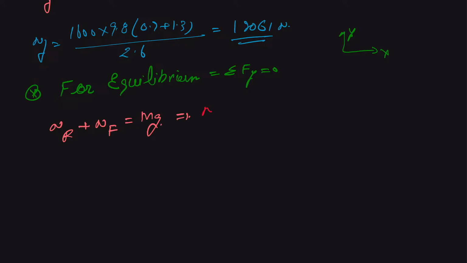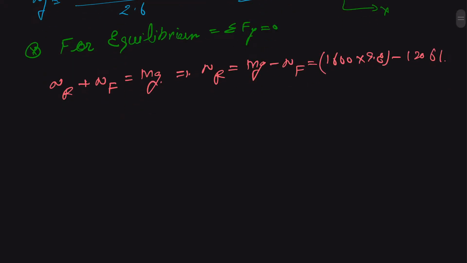From here we can say our rear wheel will be equal to our mg minus front wheel, and our mg is equal to 1600 multiplied by 9.8, and front we already calculated is 12061. Therefore we get that the normal at the rear wheel will be approximately equal to 316 Newton.